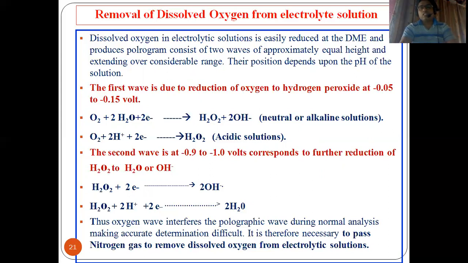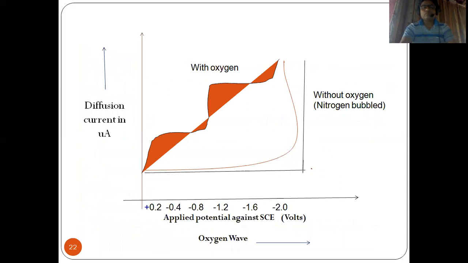It is therefore necessary to pass nitrogen gas to remove the dissolved oxygen from the solution. So this graph clearly indicates that without oxygen, or in nitrogen bubbled solution, this second type of graph is obtained, and with oxygen, this type, that is reduction of oxygen, takes place.